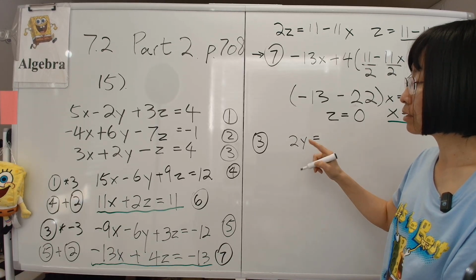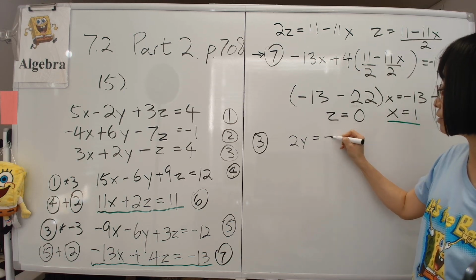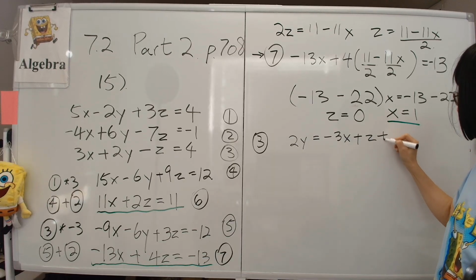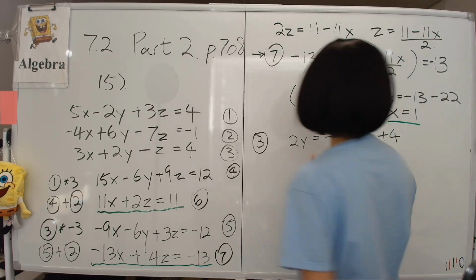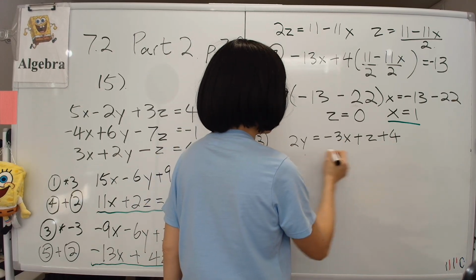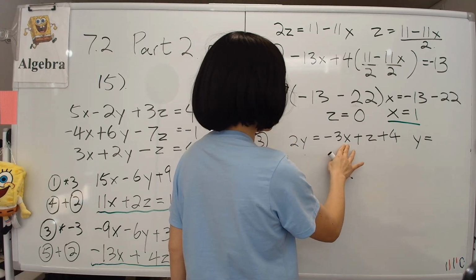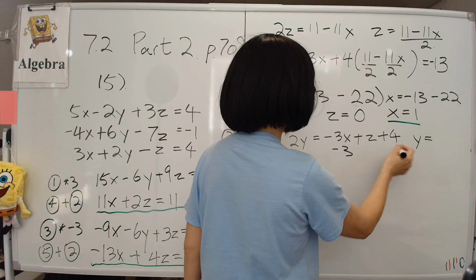equals, let's see, flop everything to the other side. Minus 3x plus z plus 4. That is just kicking everything to the other side. So then y equals this stuff divided by 2. And what is that? So y equals, x is 1, so this is minus 3. Z is 0, so that's nothing.